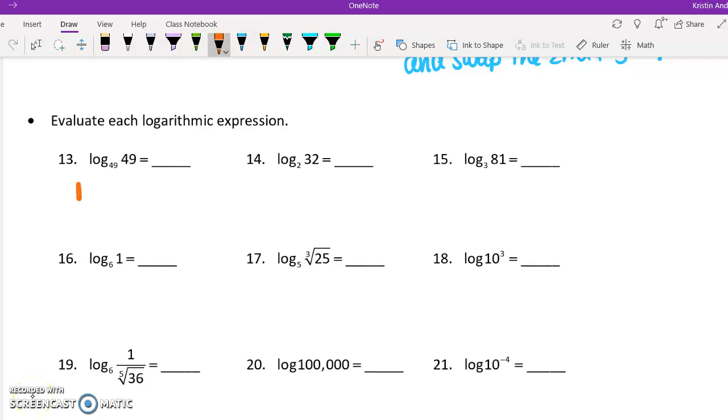So now we have log base 49 of 49 equals something. You could call that x, like a variable. If I were to write that in exponential form, I would say 49 raised to what power equals 49? Do you know the answer to that? That's a 1. 49 to the first is 49.